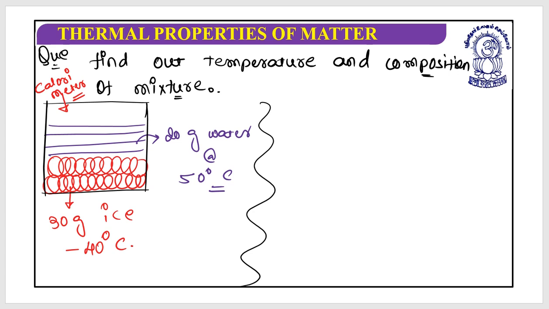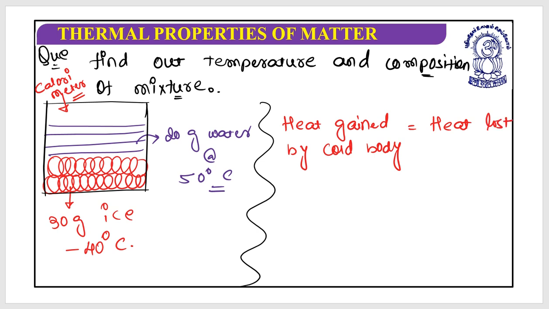According to the principle of calorimetry, heat gained by the cold body is equal to heat lost by the hot body. So the total amount of heat gained is equal to the total amount of heat lost. It is the simple principle.